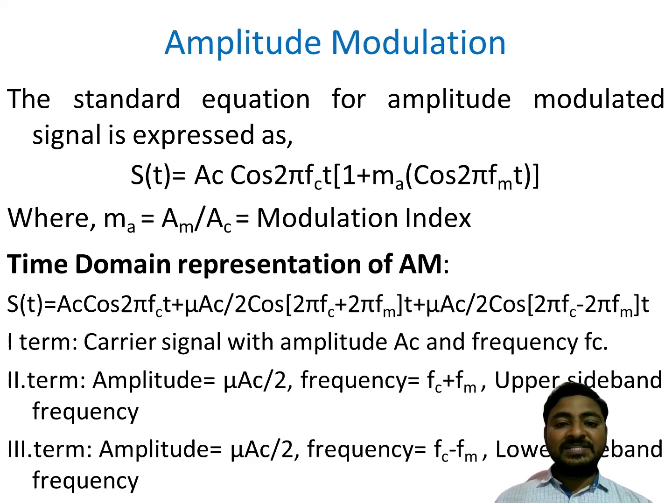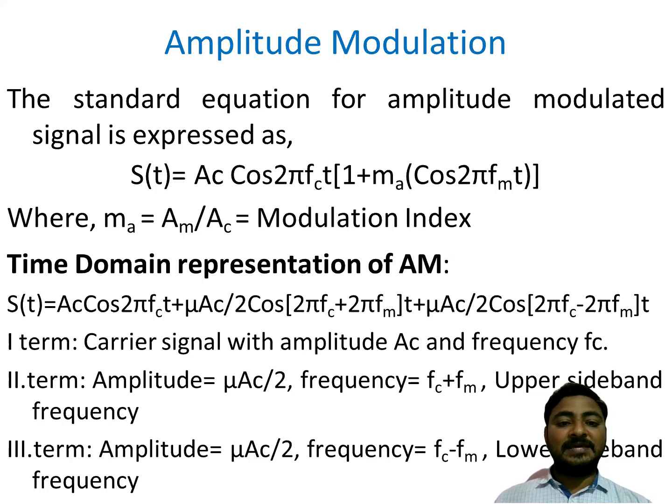The standard equation for the amplitude modulated signal is expressed as s of t is equal to AC cos 2 pi fc t into 1 plus MA cos 2 pi fm t. AC is the amplitude of the carrier signal.